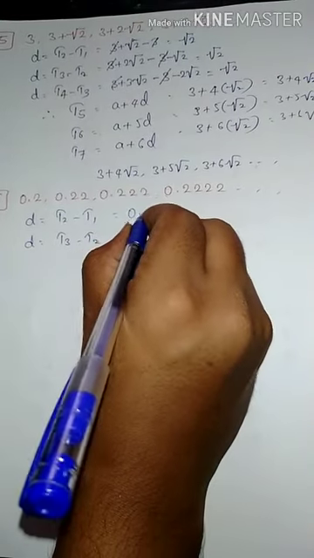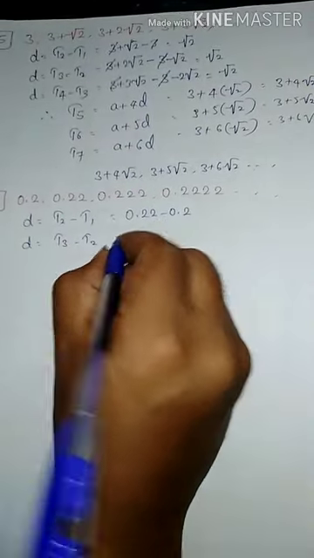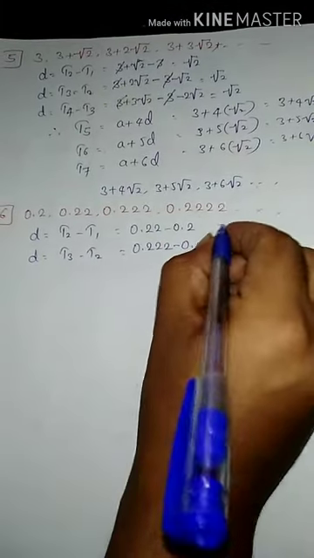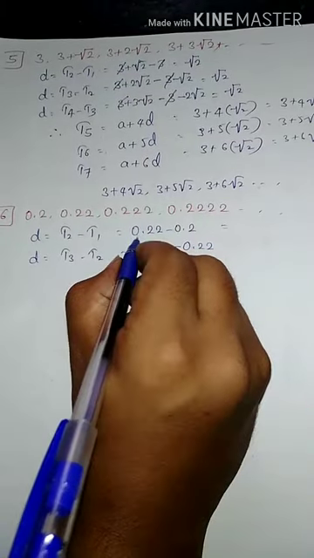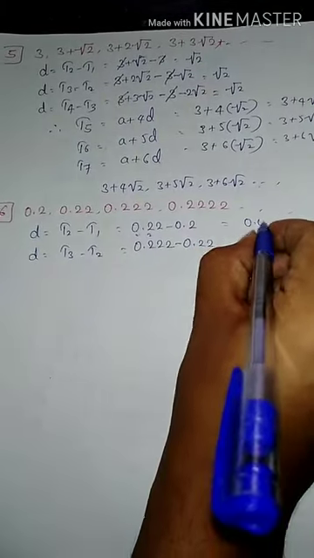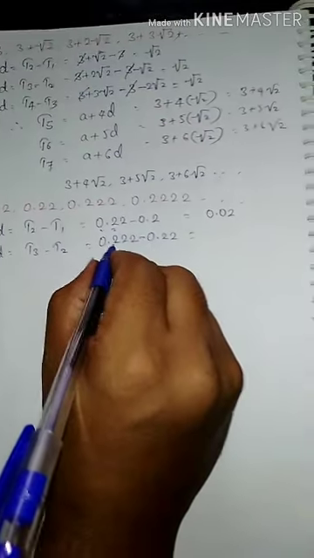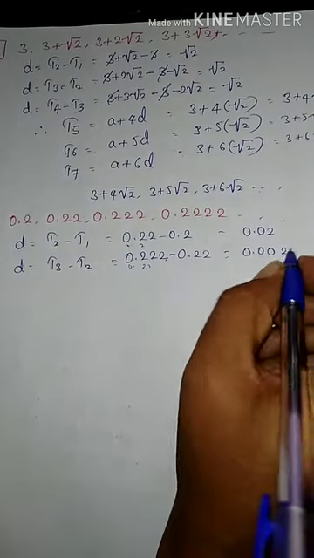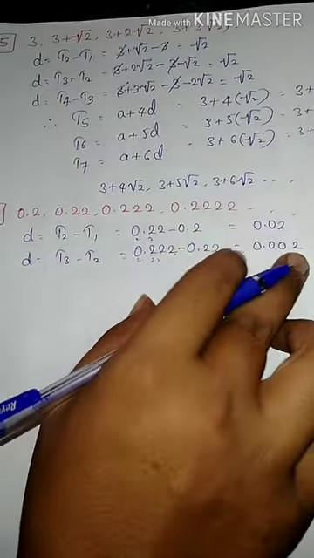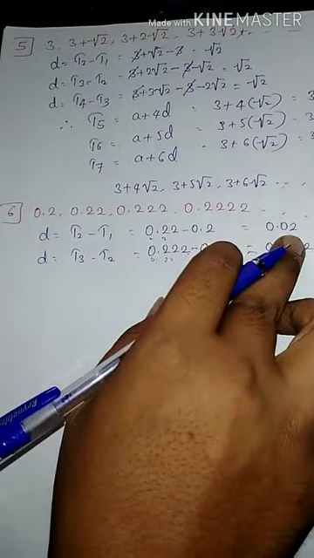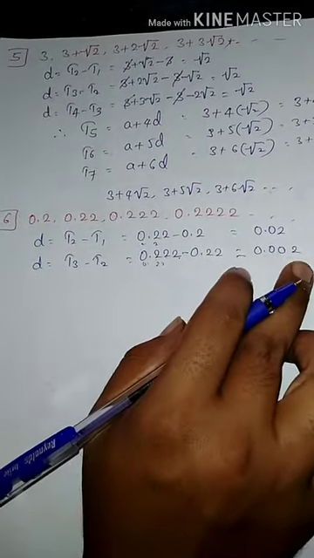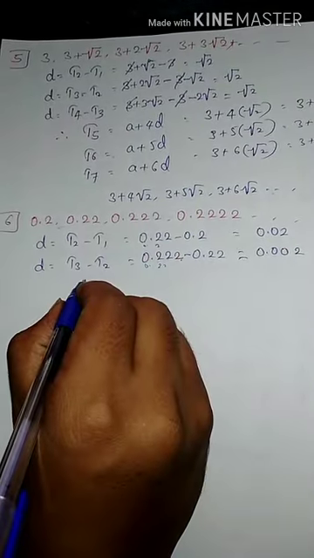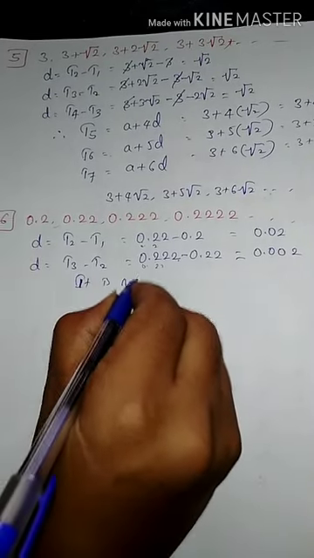T2 minus T1 is 0.22 minus 0.2, which is 0.02, and T3 minus T2 is 0.222 minus 0.22, which is 0.002. See here, the difference is not the same. Therefore the common difference is not the same and the given progression is not an arithmetic progression. It is not an AP.